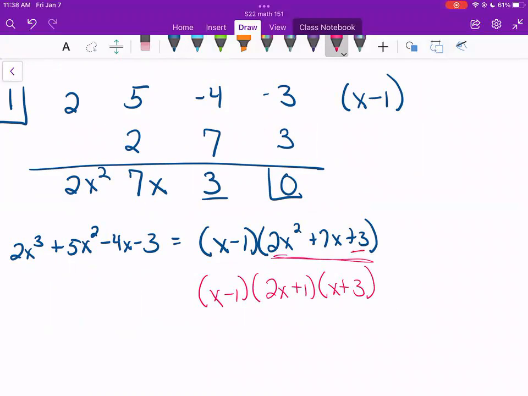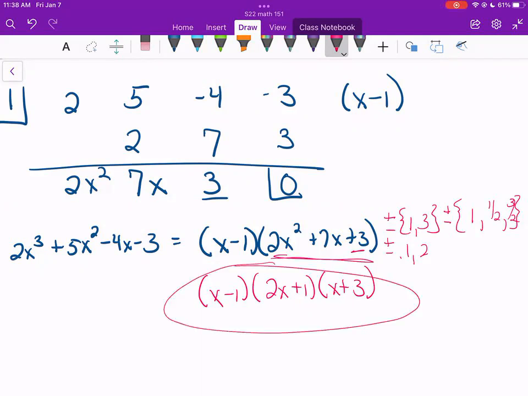My factors of p are going to be 1 and 3, plus or minus, and then my factors of the leading coefficient are going to be 1 and 2, plus or minus. So my possibilities are 1, 1/2, or 3/2, again, plus or minus. But I know how to factor a quadratic.